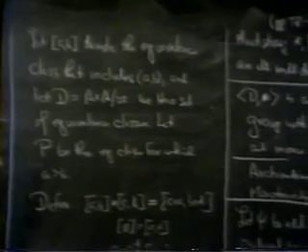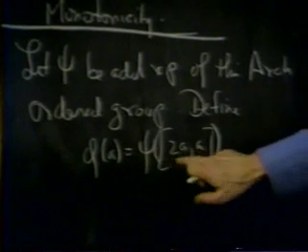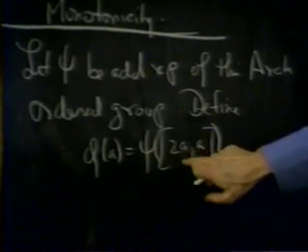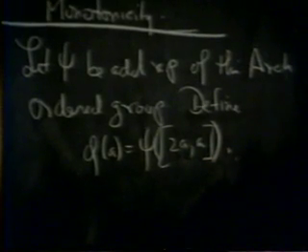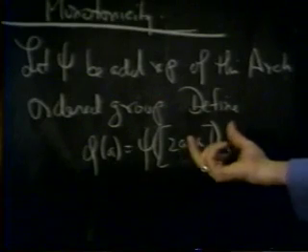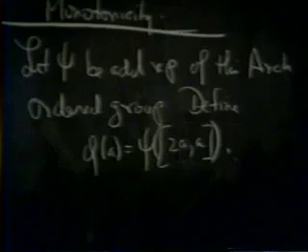And the very natural definition is to assign to the element A the psi value of the equivalence class of 2A, that is A concatenated with A, comma A. If we're dealing with a difference system, then 2A minus A amounts to A. So this seems like a very plausible definition.